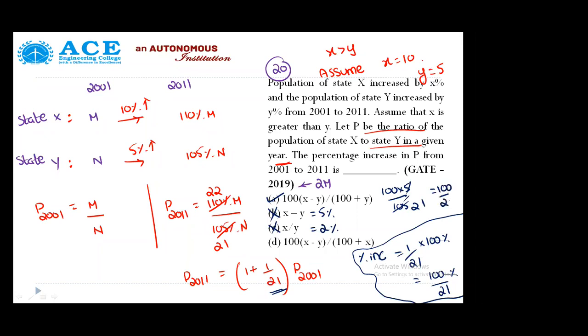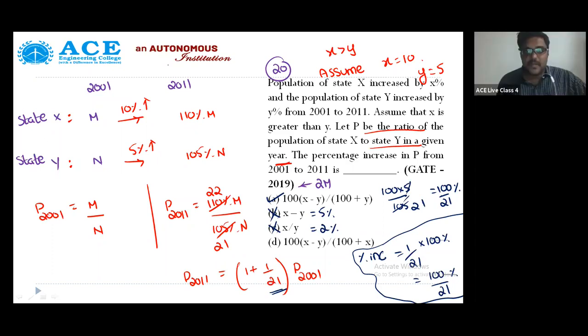See, if you assume small x and small y value, any value you assume, finally that will satisfy option A only. This is a bit easy if you assume small x and small y. If you don't assume small x and small y value, it becomes very lengthy to solve, my dear friends. Got it?